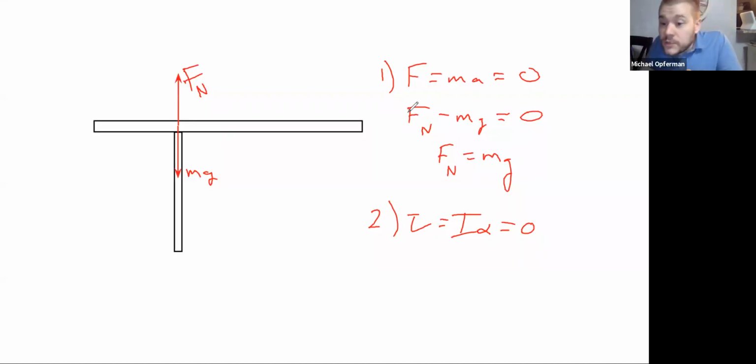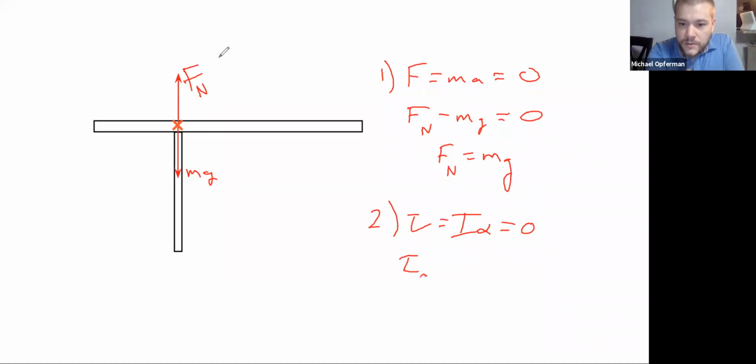Now, in order to sum torques, I need an axis of rotation. The most tempting way to do this problem, and it's a perfectly fine way, is to put the axis of rotation at the fulcrum, where you would normally expect the object to be rotating. In this case, the torques exerted by both of these forces are independently 0.